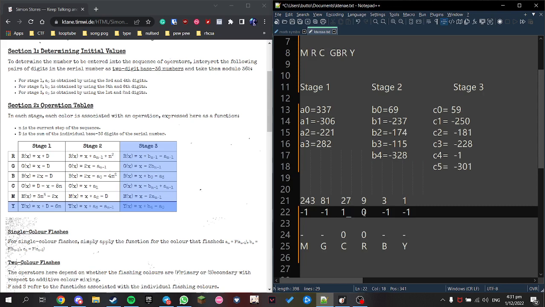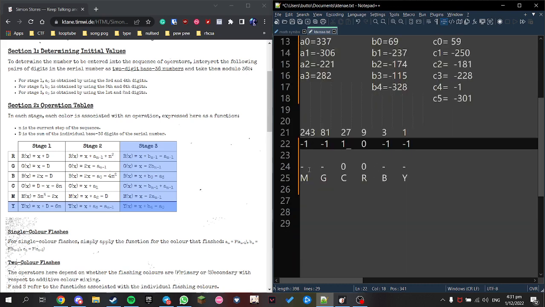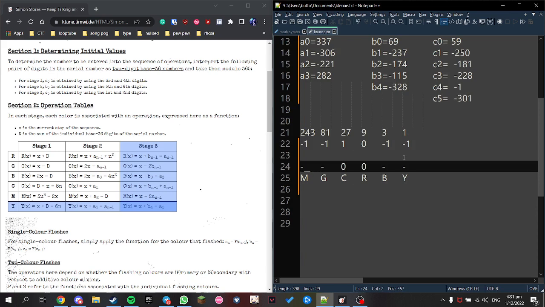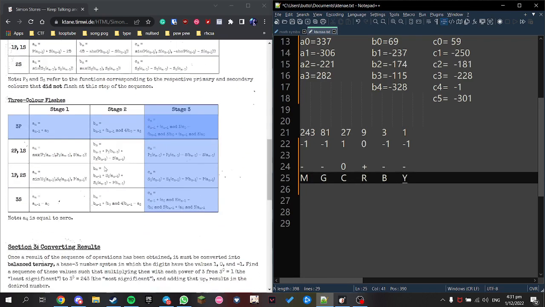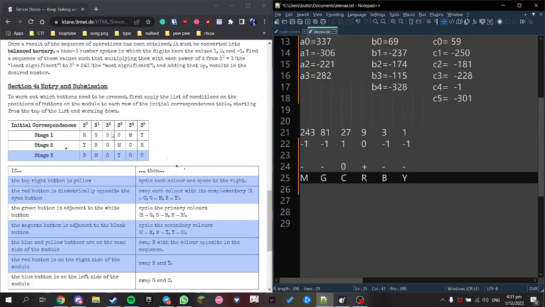Wait, okay, minus 243 minus 81 plus 27 minus 3 minus 1. Yep, okay, I got it. So just the other way around. So now it's negative, negative, 0, positive, negative, negative. So now we are in the last stage where it's blue, magenta, red, red, yellow, green, cyan.